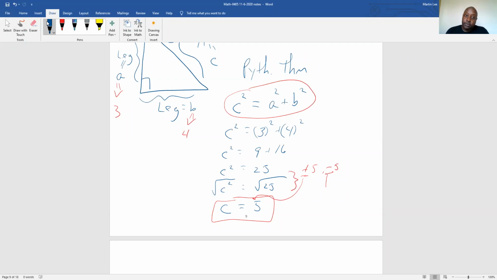And for the next problem, we'll be given the hypotenuse and one leg, and then we'll substitute that in and solve for the other leg. But any questions about this? No. Okay.